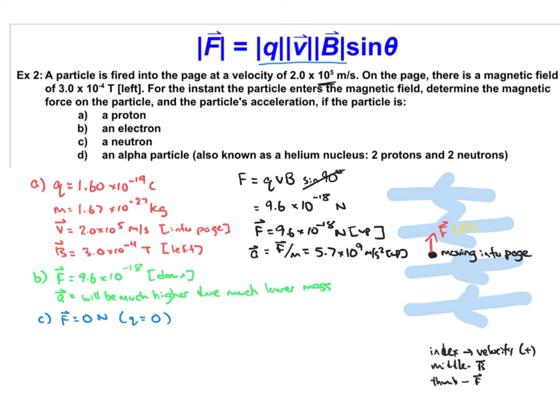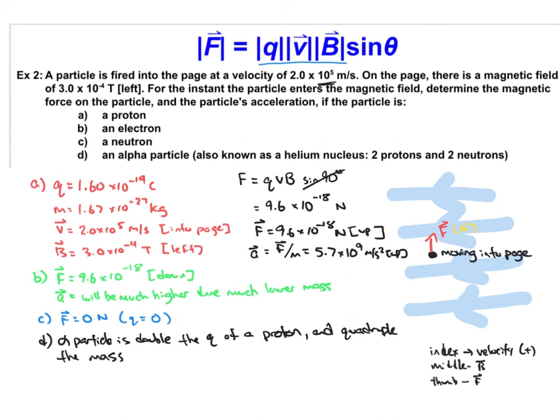an alpha particle, which is a helium nucleus, which contains 2 protons and 2 neutrons. So what we have to understand is that an alpha particle is double the charge compared to a proton, and quadruple the mass because it has neutrons in it.